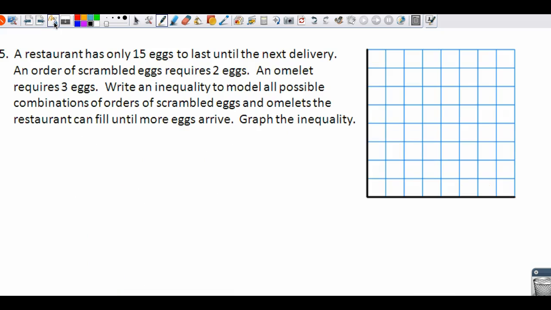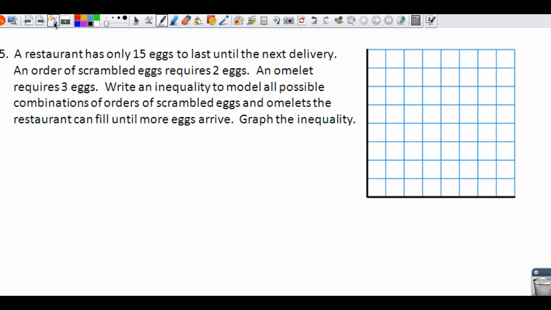So an application or a word problem aspect to this problem is, here's a restaurant. They have so many eggs. They have 2 types of meals that use the eggs. And you want to know how many of each type of meal you can create. So the restaurant has 15 eggs. An order of scrambled eggs requires 2 eggs.